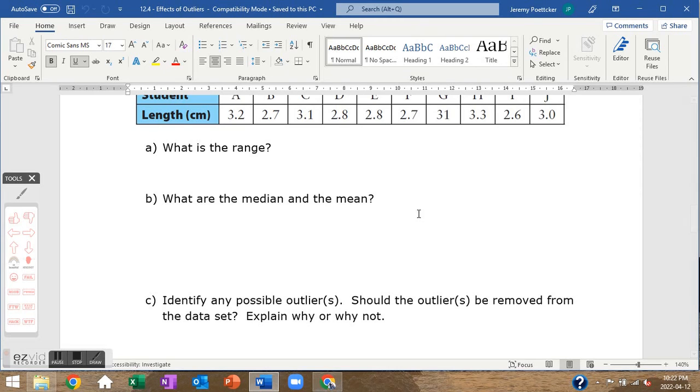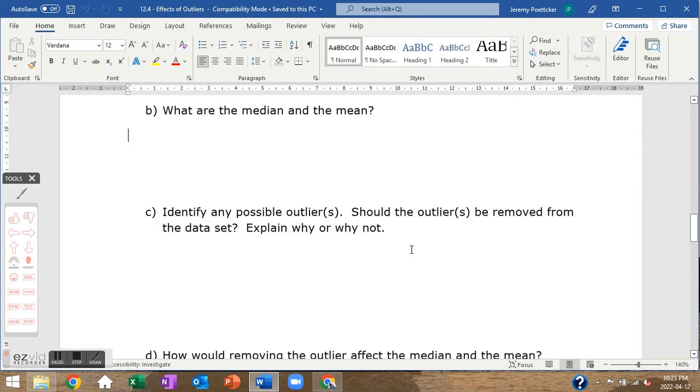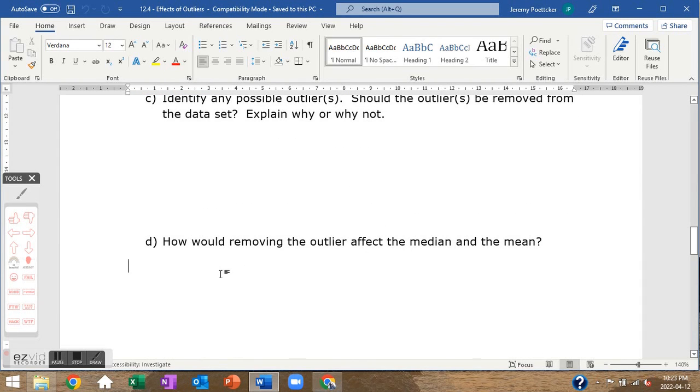So whereas the mean earlier was 5.72, if I get rid of the 31 out of that data set, my mean becomes 2.9. Okay, 2.9 is right in the midst of this, and it's very close to the median. So how would removing the outlier affect the median and the mean?